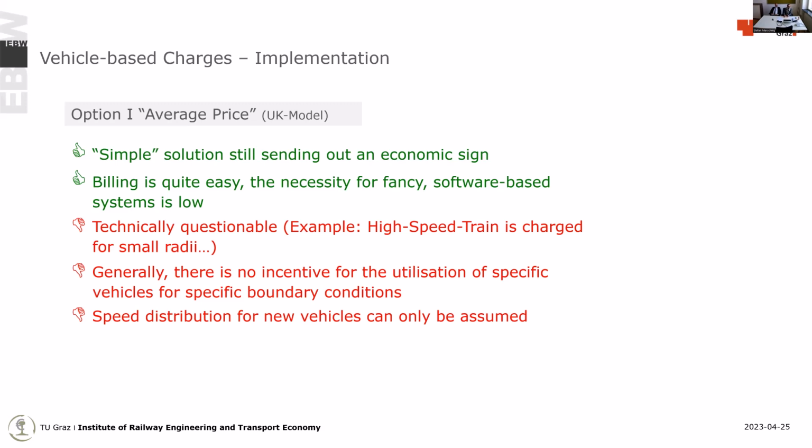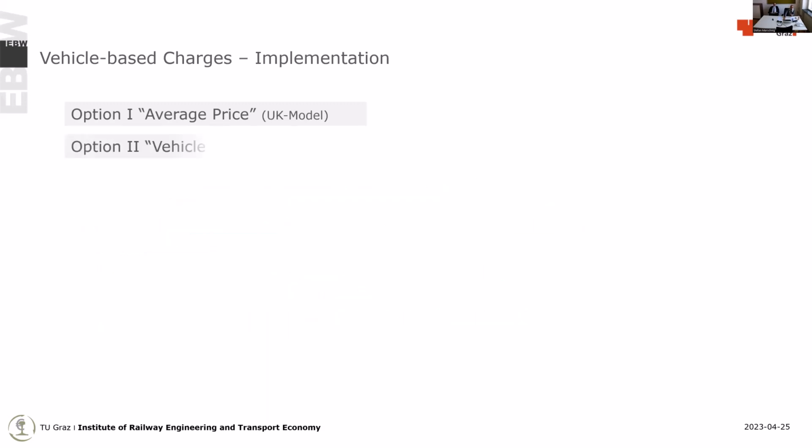And a very practical aspect, for every new vehicle, you would need to assume a speed distribution for that vehicle. That could be a challenge. Therefore, we could move to another option, which would be a vehicle price, one vehicle, 10 prices, covering the line characteristics and the actual vehicle speed.